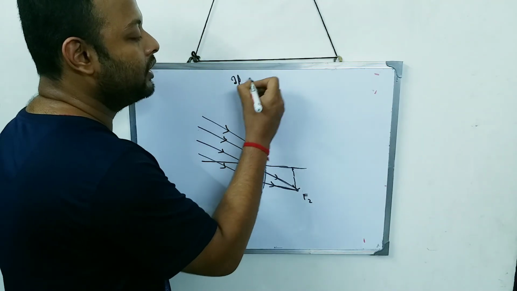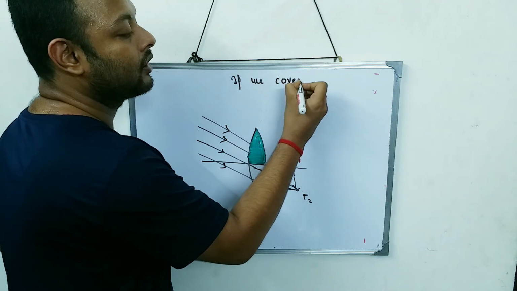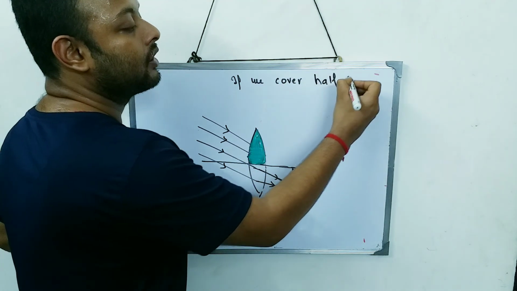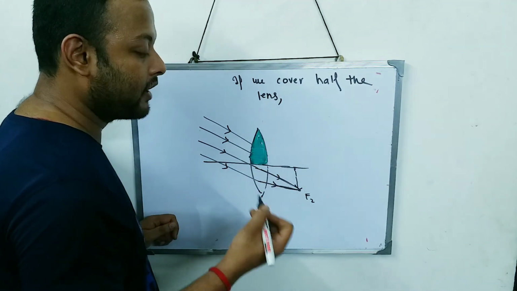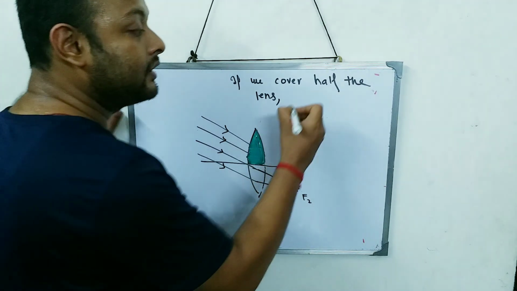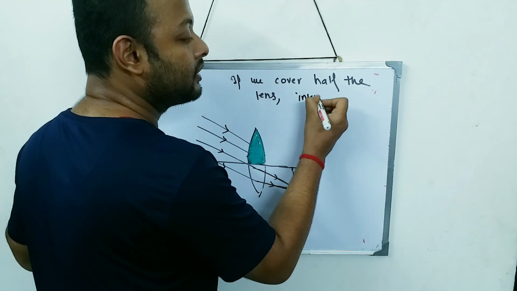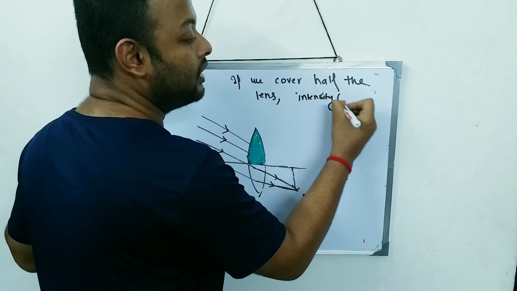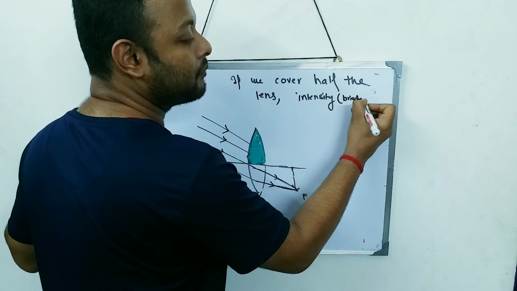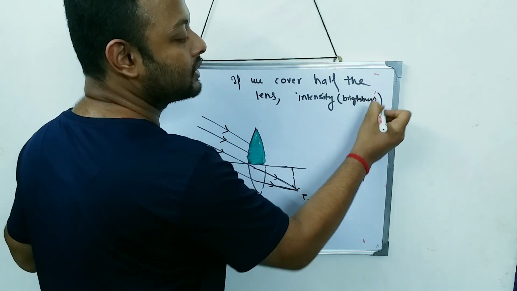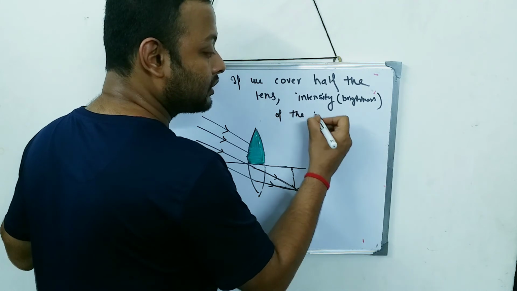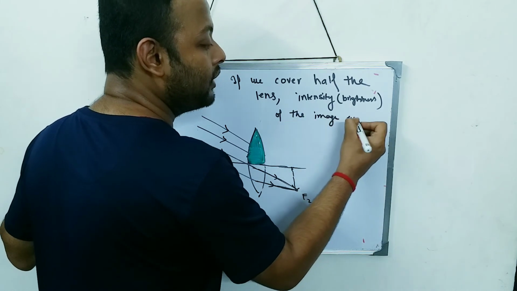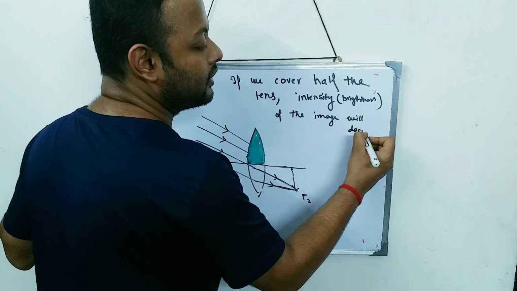So if we cover half the lens, then the intensity or the brightness or sharpness of the image will decrease.